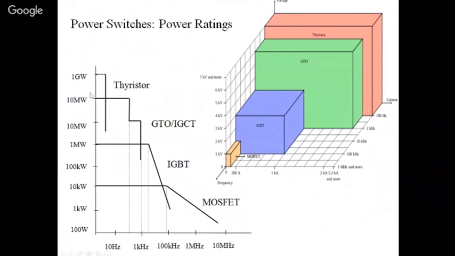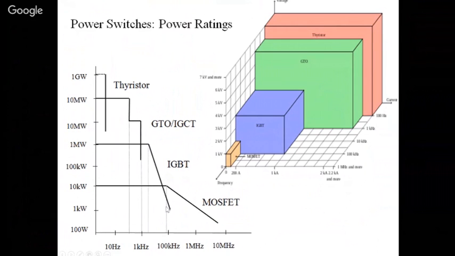In the y-axis you can see the power range, and in the x-axis the frequency range. So based on the application, if you have a drive application where you want to operate the device at very high switching frequency, then you go for MOSFET, because drives do not go more than 10 kilowatt. For a drive application not more than 10 kilowatt, you can directly go for MOSFET.